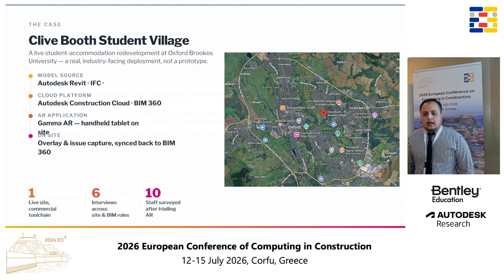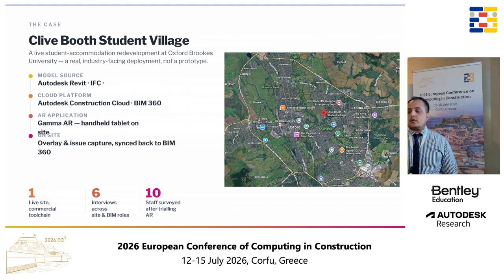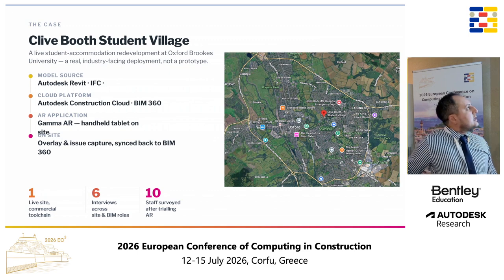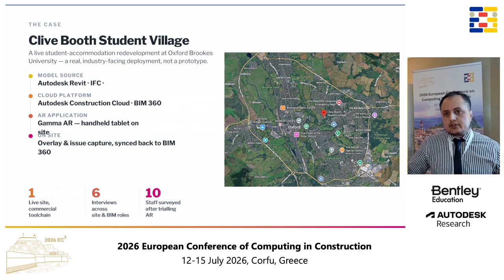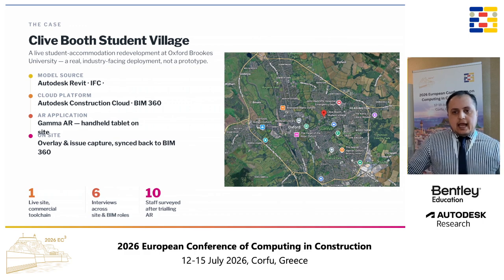Where we applied it is in Oxford. This is the map of Oxford, and the pin is the location of the site or the project. The project is a student accommodation block for Oxford Brookes University, and we had the BIM model that was developed by the architect.